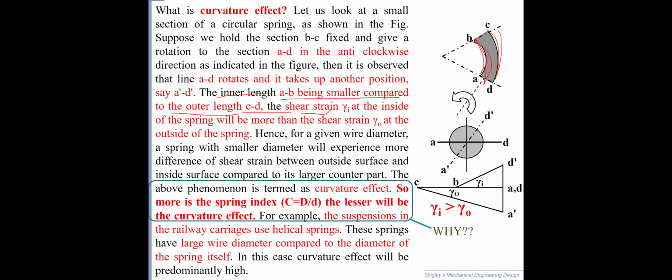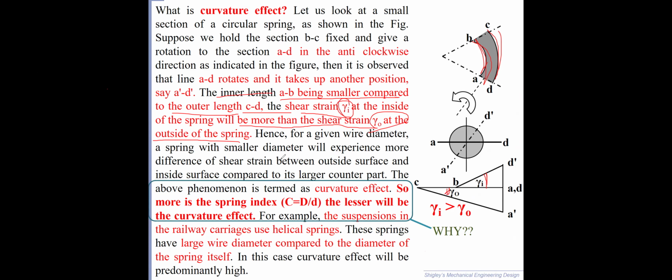The shear strain at the inside of the spring will be more than the shear strain at the outside, therefore gamma i will be greater than gamma o.